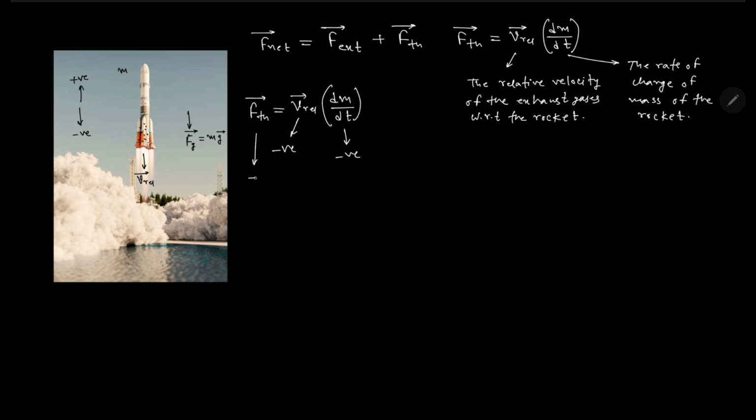So this thrust force becomes positive. Positive means that this thrust force is actually getting applied on the rocket along this upward direction.